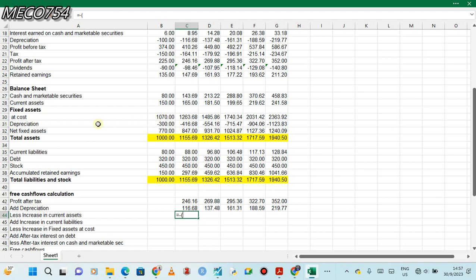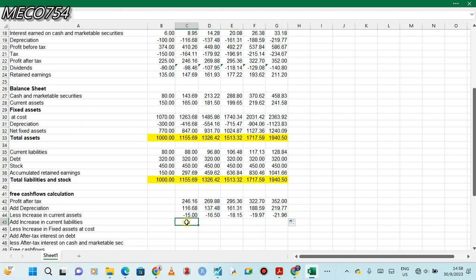Inside the brackets, we want the difference of the current assets: current assets in this period, subtract current assets from the previous period, to get the difference in this year. There we go, negative 15. The negative is for the word "less" there. Now let's copy the formula to the end. Everything is negative, that's correct.